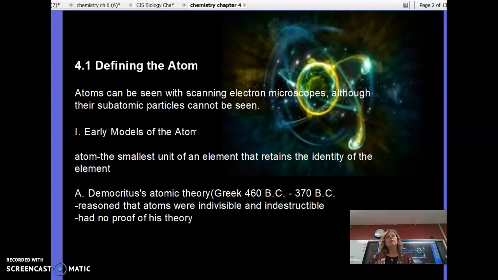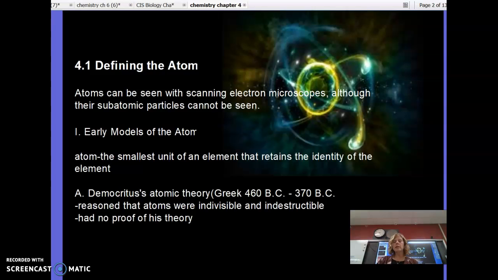So we define atoms as the smallest unit of an individual element that can be seen. If you have, for example, a sample of gold or any pure element, you can continue to cut your sample in half and have smaller and smaller units.